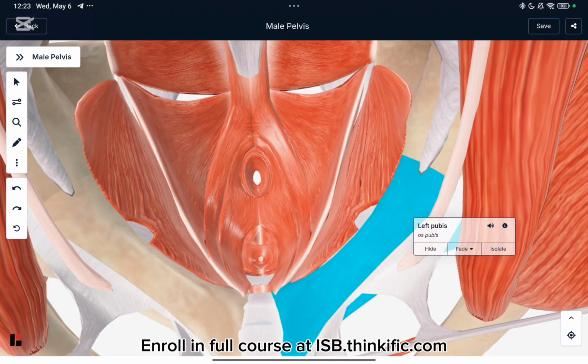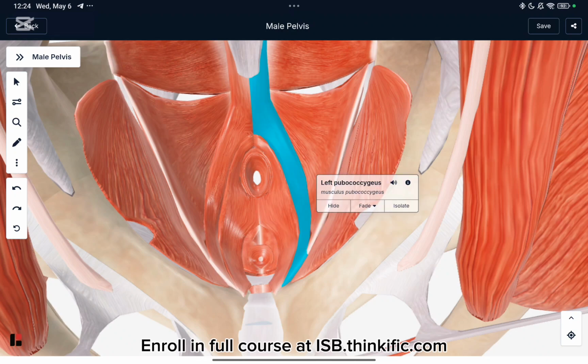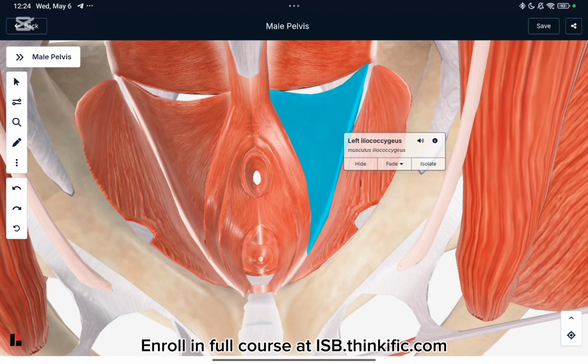It's the largest muscle that forms the pelvic floor, right? It has three parts. The medial most is called puborectalis, followed by pubococcygeus, followed by iliococcygeus. Together they're called levator ani. On the back, they're attached to the coccyx, form the anococcygeal body, and anteriorly to the pubis, and anterolaterally to the tendinous arch.